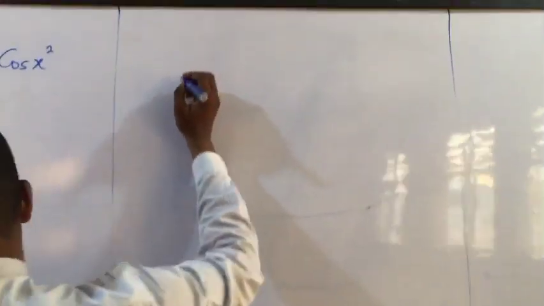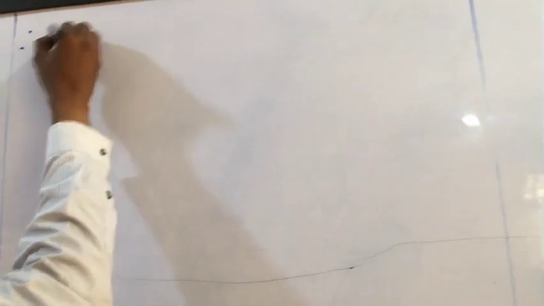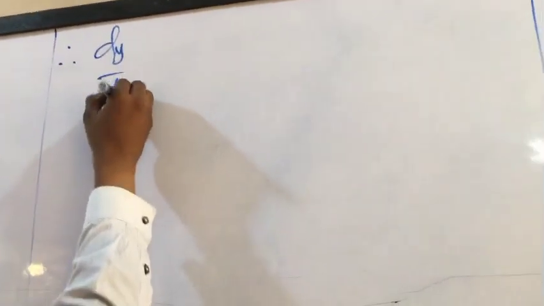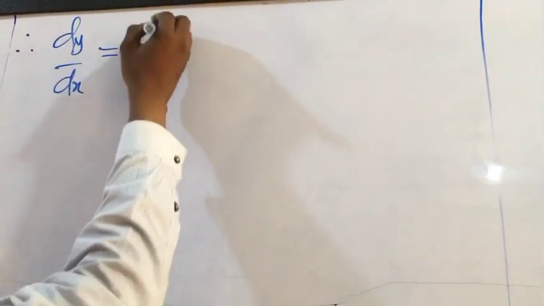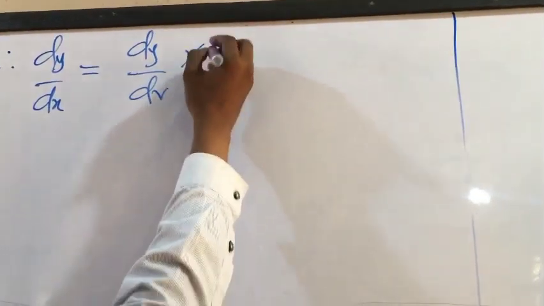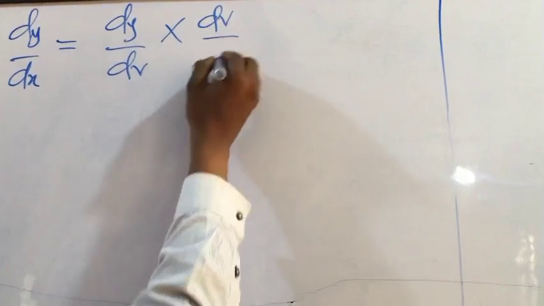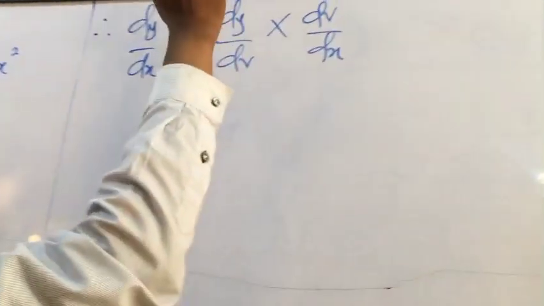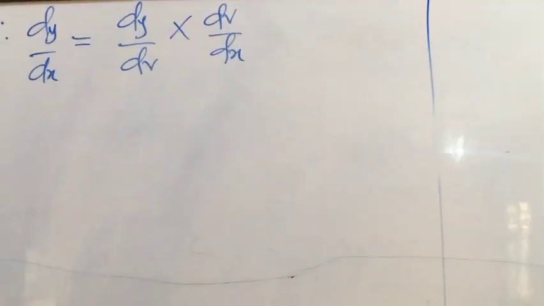So I'll have to say, therefore, dy dx, which we are looking for, is equals to dy dv multiplied by dv dx. So dy dx is a product of dy dv and dv dx.